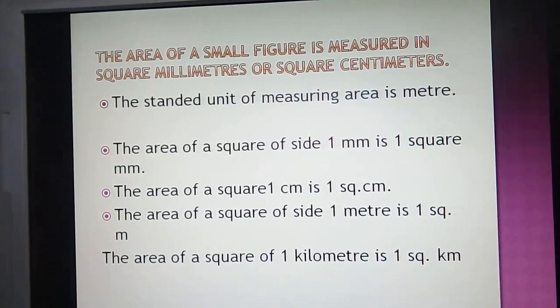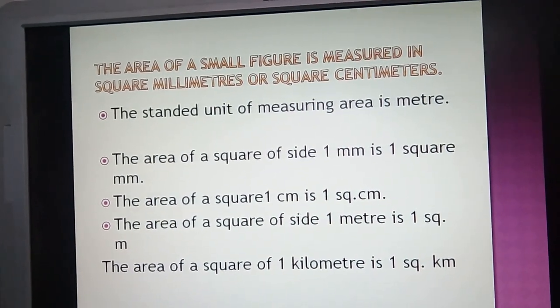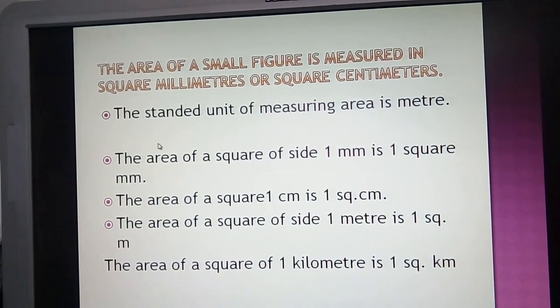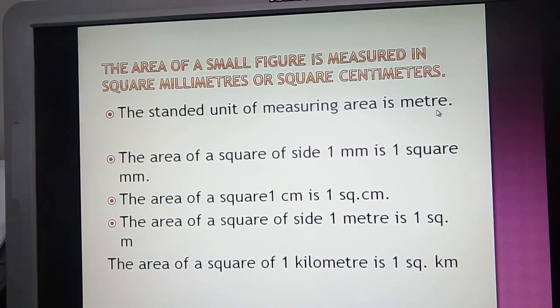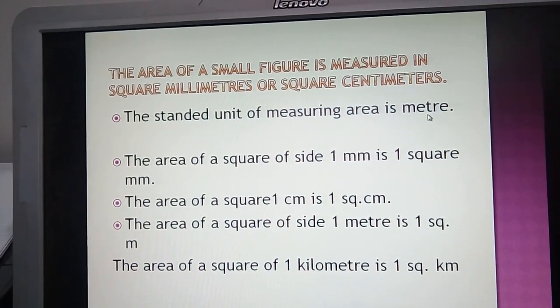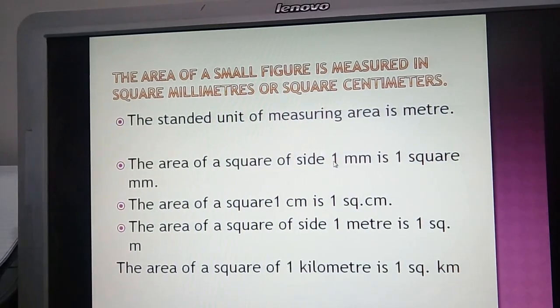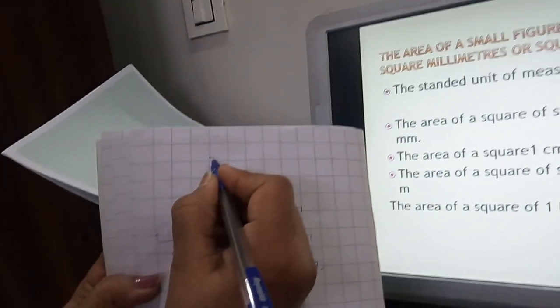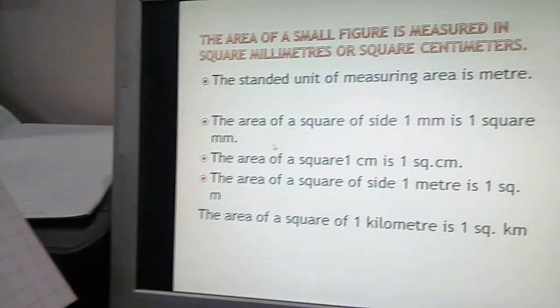The area of a small figure is measured in square millimeters or square centimeters. But children, we say the standard unit of measuring area is meter. Okay, remember, the standard unit of measuring area is meter. The area of a square of side 1 millimeter, we will say 1 square millimeter.